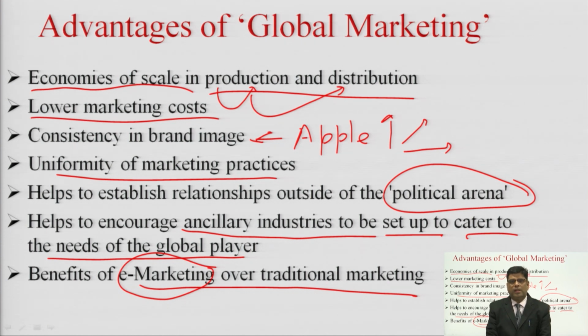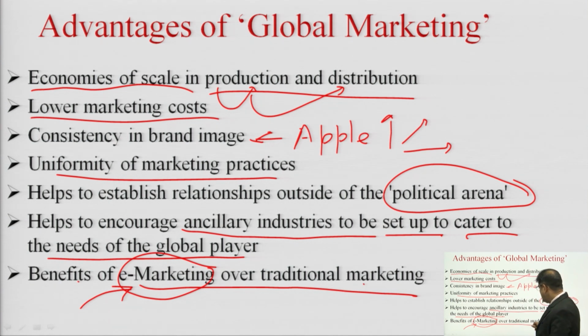While using e-marketing, even they can think about going to a wider audience on a global scale. So, global marketing, if done in the form of e-marketing, offers a lot of benefits over traditional marketing.